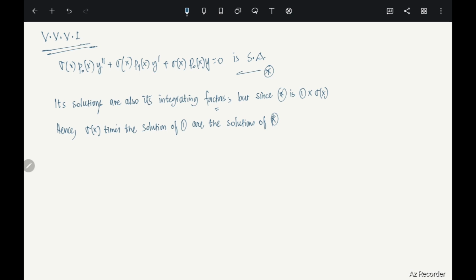But since the integrating factors of 1 are solutions of the adjoint equation, then what you have is C, we will write, how do I put it, maybe.